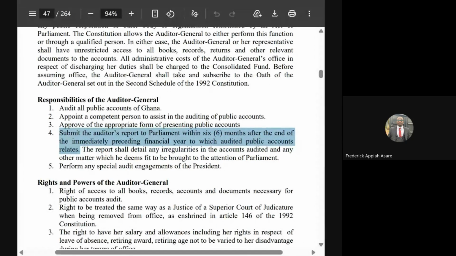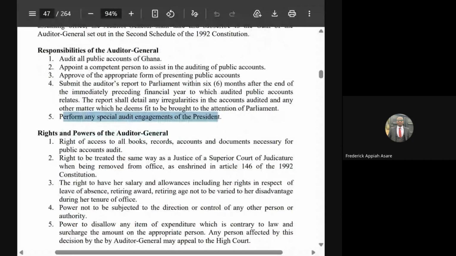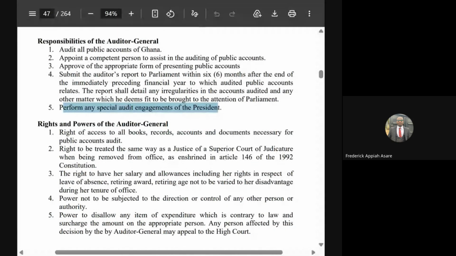The Auditor General is also responsible for any special audit engagement of the President. If there is a need to audit the President, the Auditor General will also be there to do the audit.